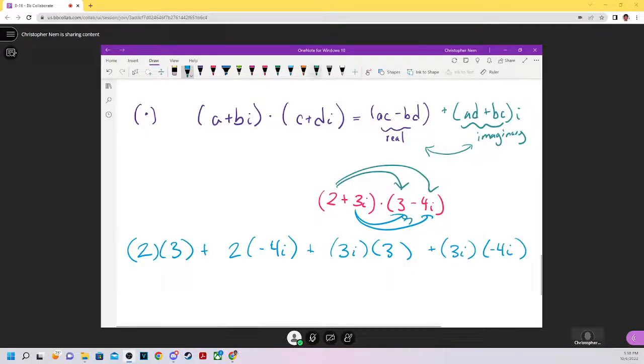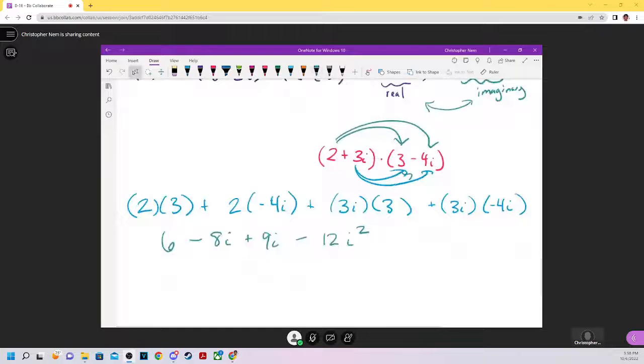And if you calculate this out, this is going to be 6 minus 8i plus 9i minus 12i squared. Well, if I combine like terms, I have 6 plus i minus 12i squared. This is the reason why I wanted to use the definition I gave for i squared.